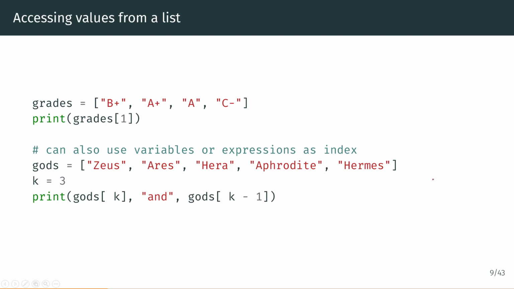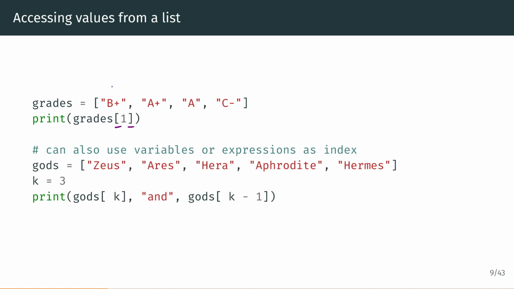Now, how do we access a value? Just like I said, you use this square bracket operator. So we have this list called grades, which stores the values B plus, A, and C. Now remember, each of these elements will have a unique index.